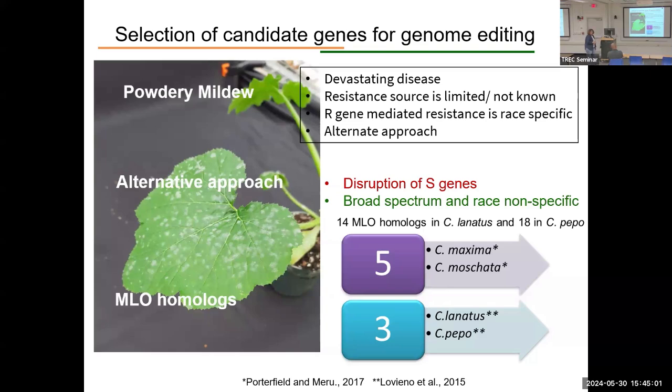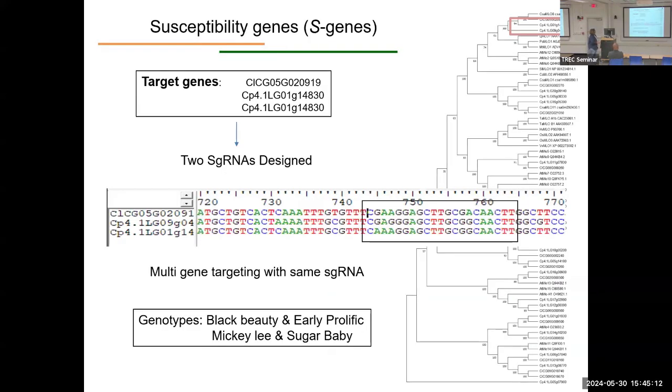We looked at the watermelon genome and the squash genome, and we found 14 MLO homologs in watermelon and 18 in squash. We tried to construct the phylogeny of all the MLOs available in the database, in dicots and monocots. In cluster 5, it is already reported in the literature that the MLO loci clustered in cluster 5 are candidates for susceptibility.